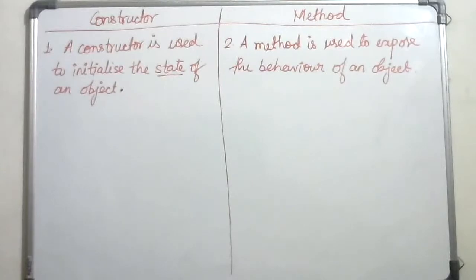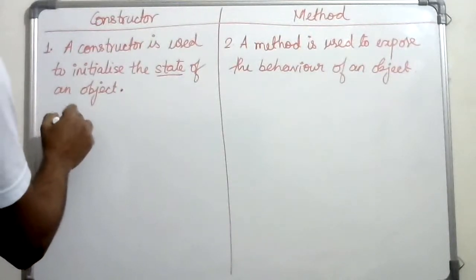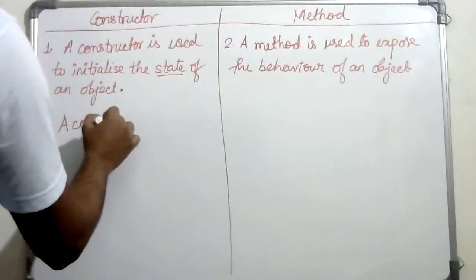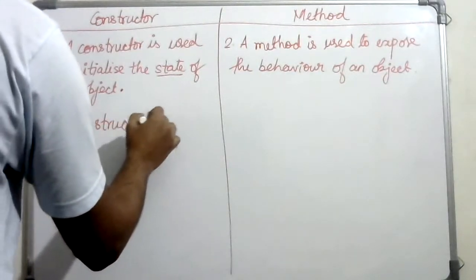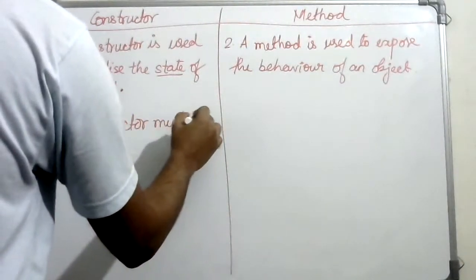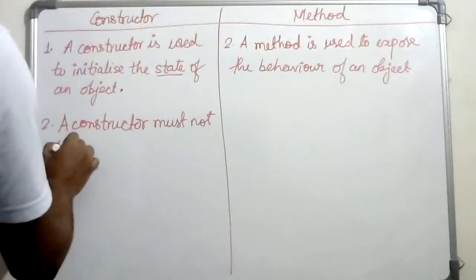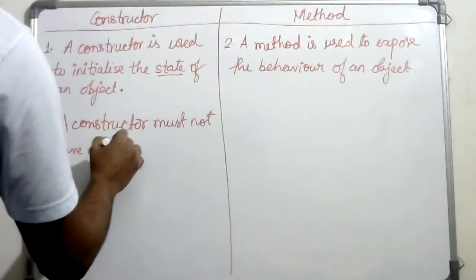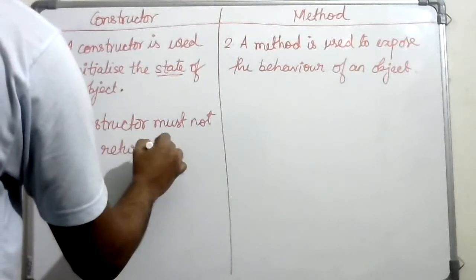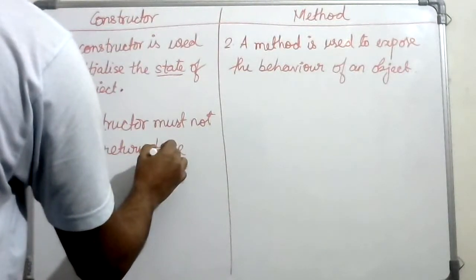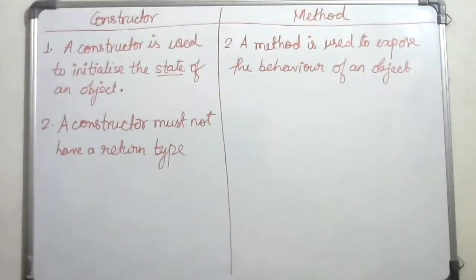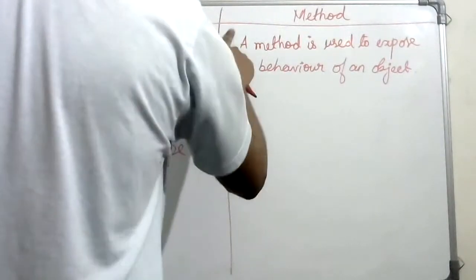The second difference is that a constructor must not have a return type, whereas a method must have a return type, at least void.